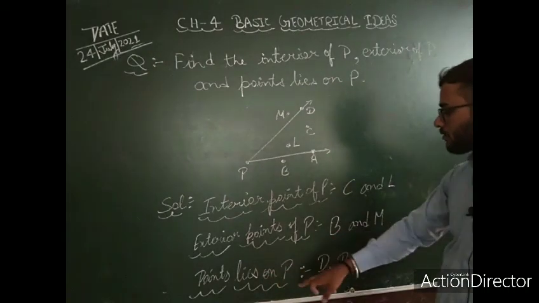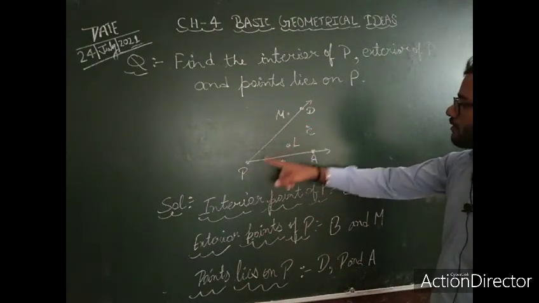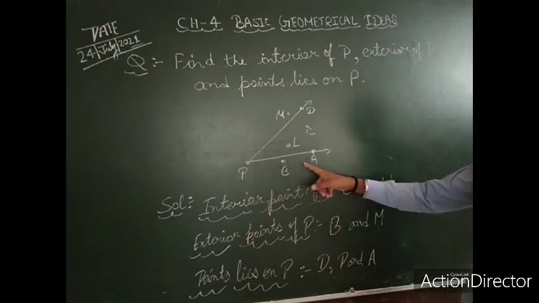Now points that lie on angle P: here D, point P and point A.